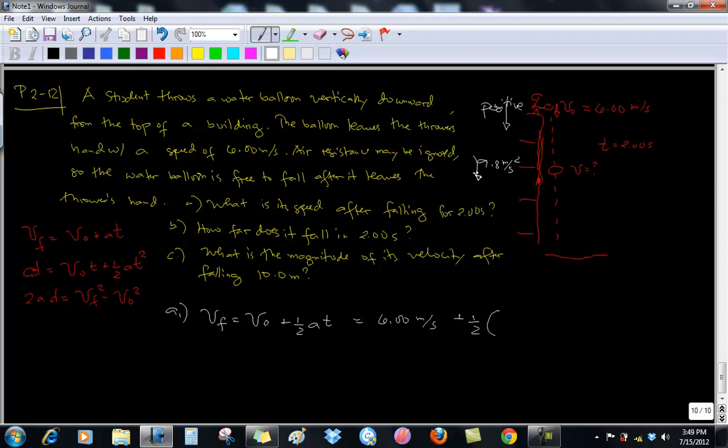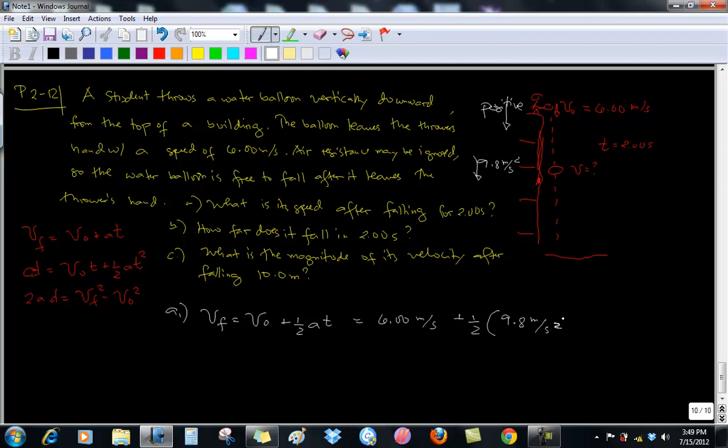The balloon is pulled by the Earth by 9.8 meters per second squared downward, so since we assumed downward is positive, we put 9.8 here. Some use 9.81, so it depends on what you use, but more or less, 9.8 is okay.